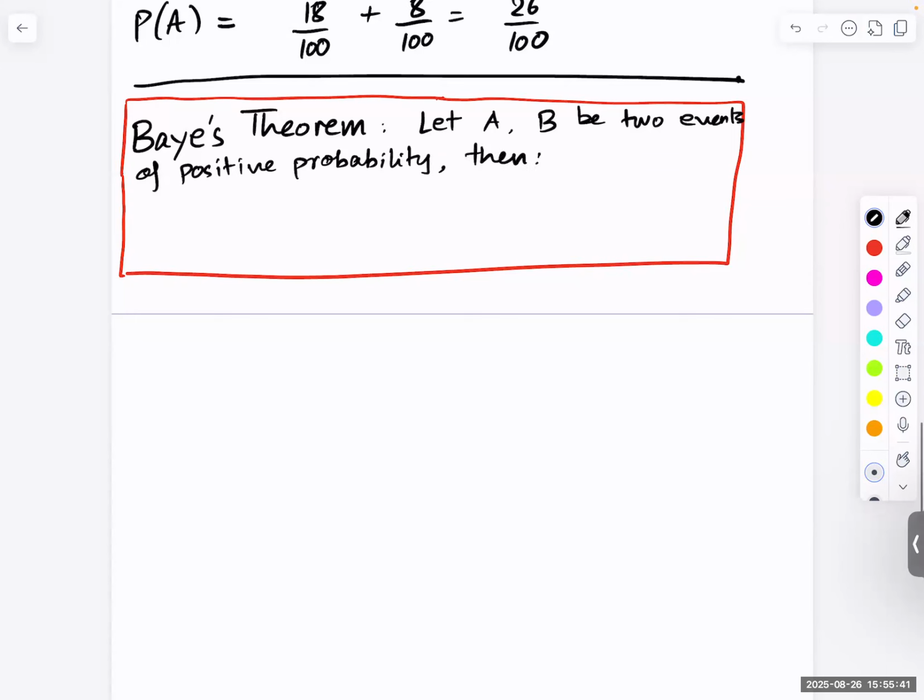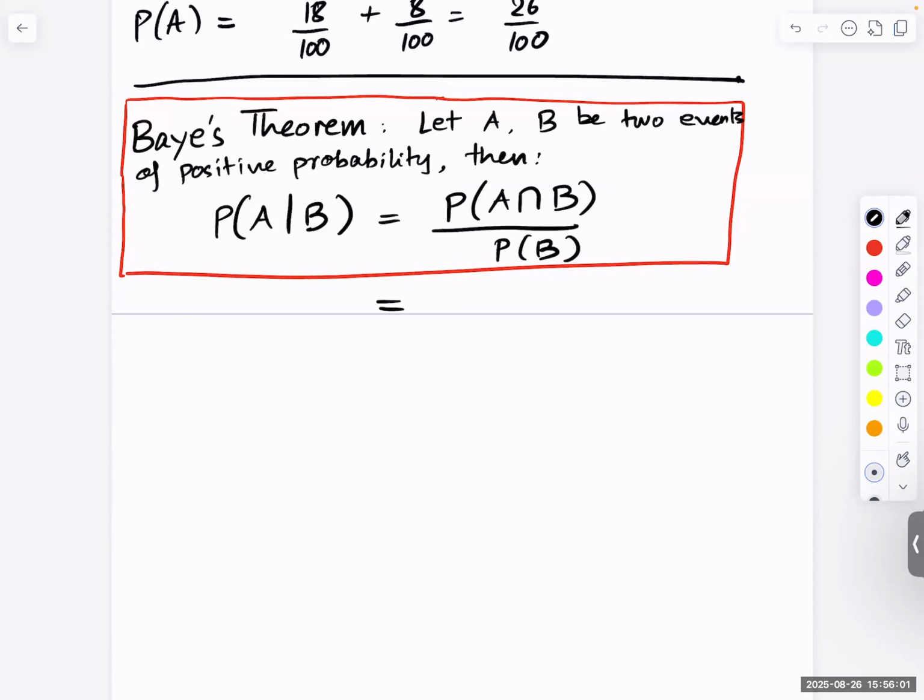Then, if I want to write down probability of A given B, we know about conditional probability. I think we have done this many times now. Hopefully you are comfortable. So we can write this as probability of A intersection B divided by the probability of B. Now, we can also write down the probability of B given A. It's the probability of B intersection A divided by the probability of A, correct?